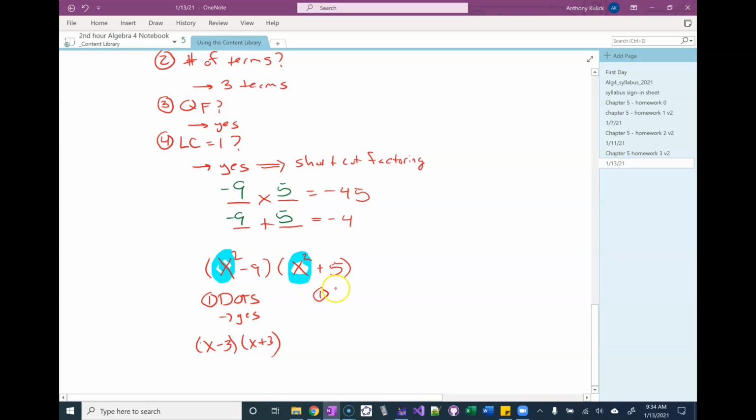For the x squared plus 5, again, we start with the same question. Is it a difference of 2 squares? No. And really for 2 reasons. One, it's a sum, right? And the second, 5 isn't a perfect square. So then we ask, is it a sum of 2 cubes or a difference of 2 cubes?